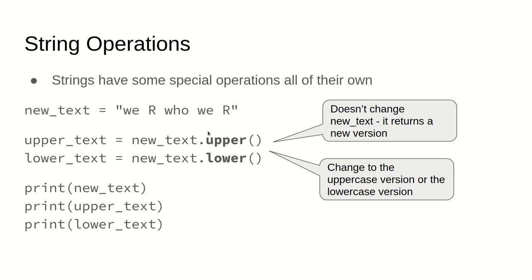And that's what these methods are doing here, they're creating uppercase versions of new text or lowercase versions of new text, but not changing the original version that existed. So new text, when it prints, will show only the R's uppercased, and then upper text will print with all of the characters uppercased, and lower text will print with all of the characters lowercased. None of them will affect each other in that situation.